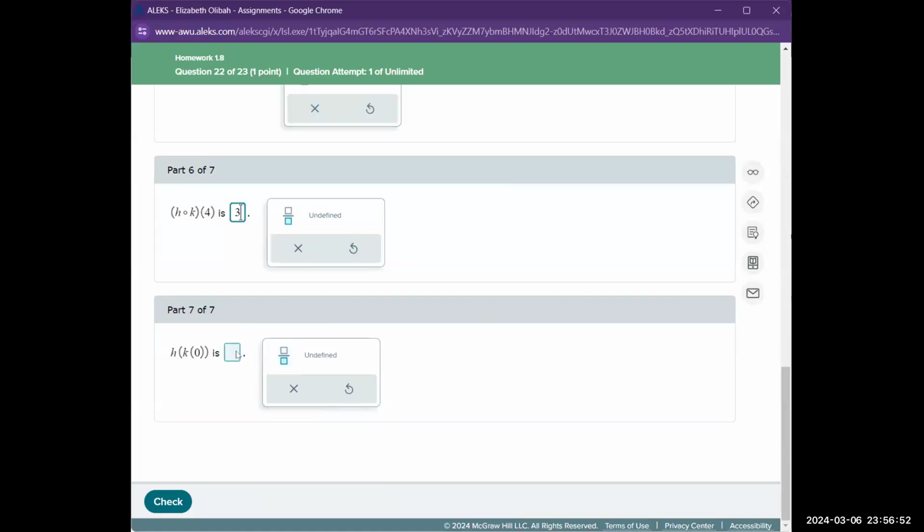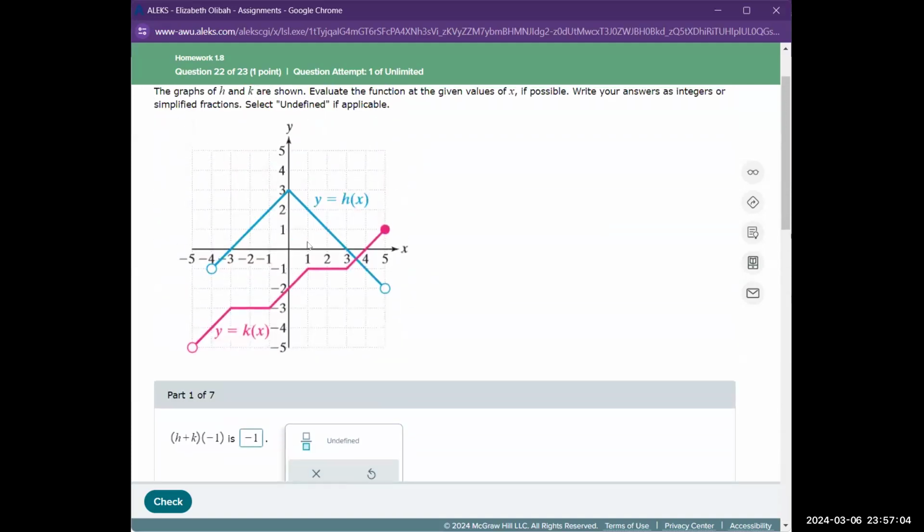And then finally, this is just a different way to write the exact same thing. So I'm going to see what's happening at 0 for the k function, get an answer, and see what's happening there at the h. So at 0, the k function is -2. So now I'm going to go to -2 and see where's my blue graph at, 1.